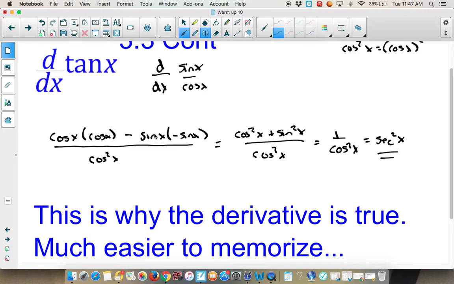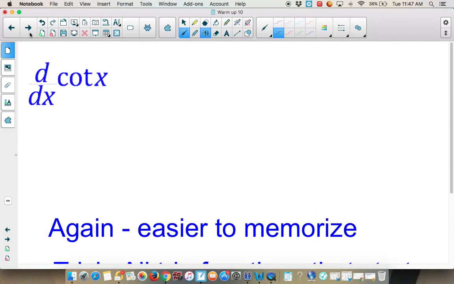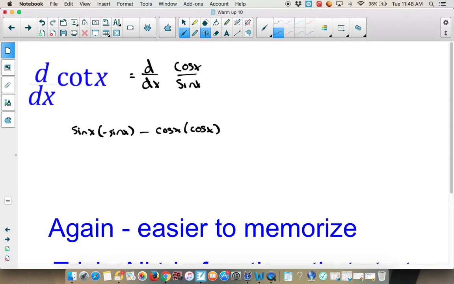So we're going to do it one more time. Okay, I'm going to rewrite this. It's the derivative of cosine x over sine x. So it's the bottom times the derivative of the top, minus the top times the derivative of the bottom, over the bottom squared.